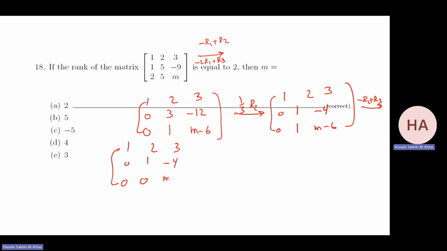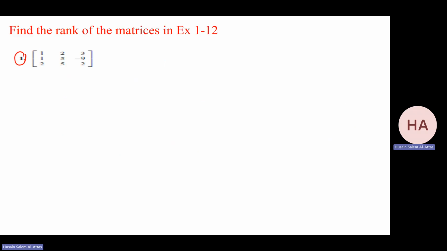Minus 1 and add, that will be M minus 6 plus 4, which is M minus 2. The rank is 2, which means I need 2 non-zero rows. I already have 1, 2, so I need this to be 0, because I have only 2 non-zero rows. So M is equal to 2.